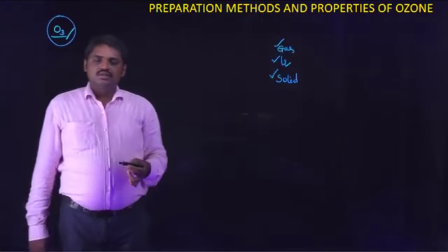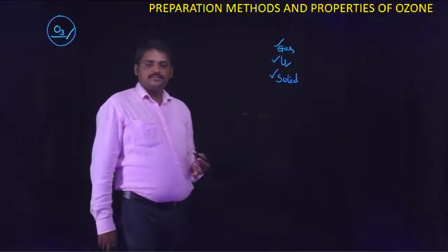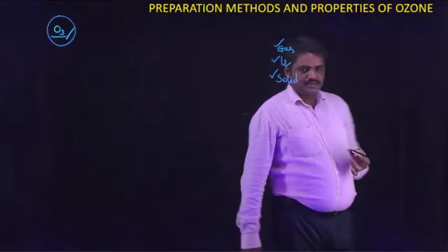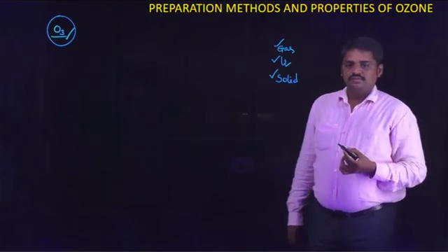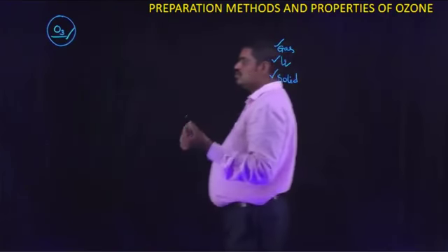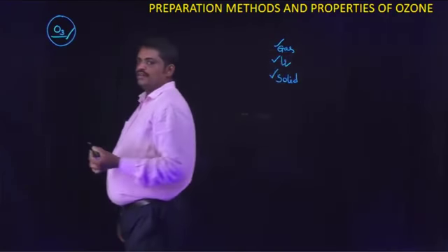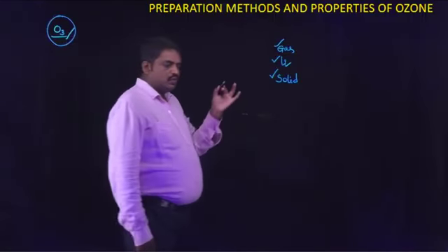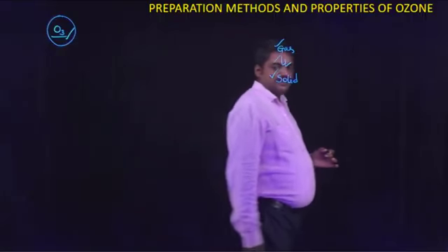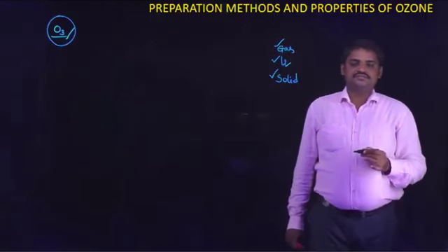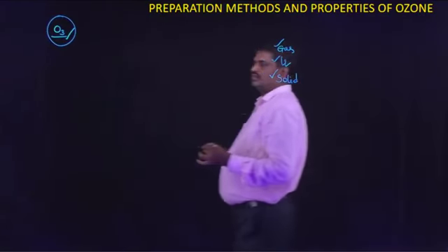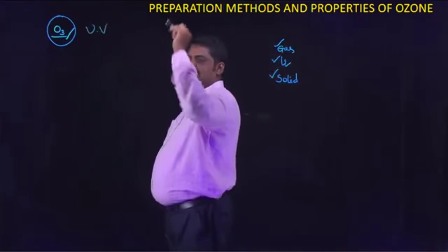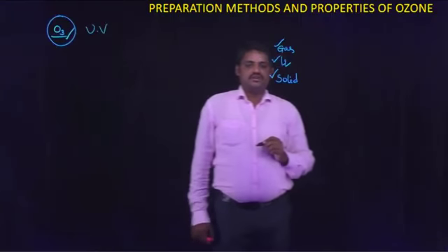But this ozone layer is used for so many purposes. Most probably, the ozone layer is used to filter high frequency light radiation, which means high frequency ultraviolet radiations are absorbed.